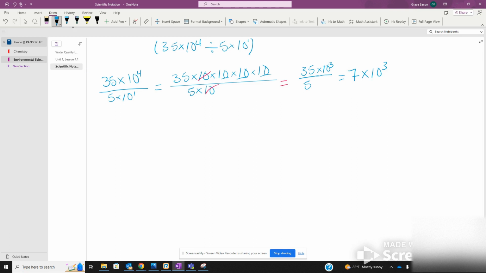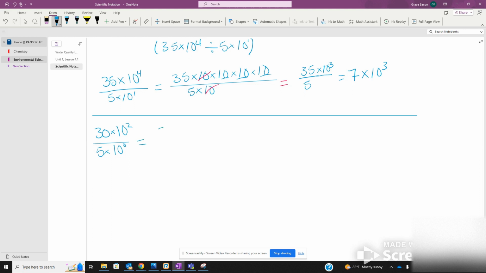All right, I'll do one more. 30 times 10 to the 2nd over 5 times 10 to the 3rd. Actually, I'll do two more because I want you to see one with a negative on the bottom.